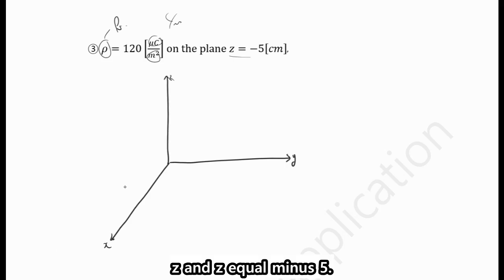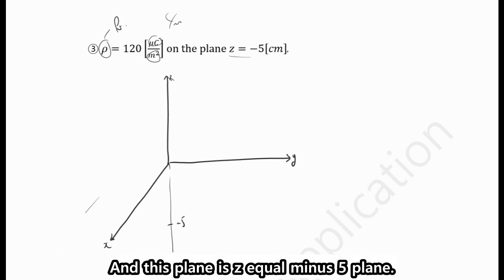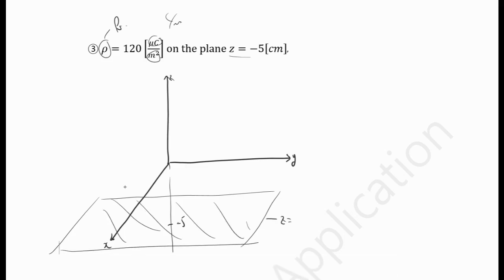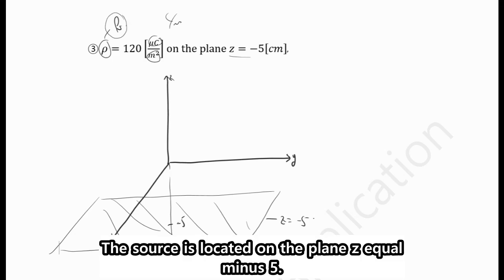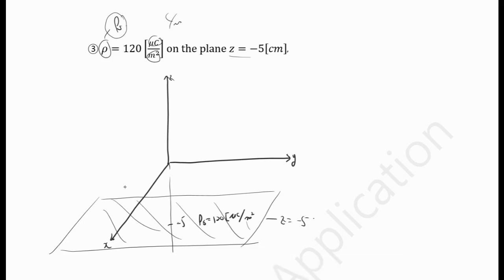The source is located on the plane z equals minus 5, and rho s is 120 microcoulomb per meter squared.